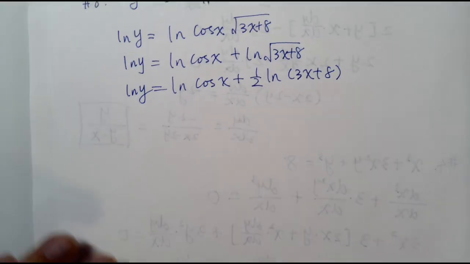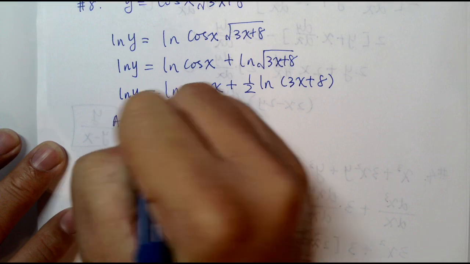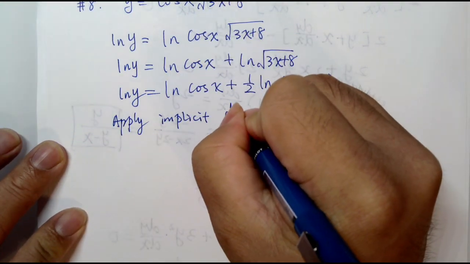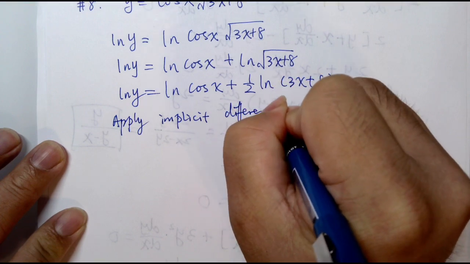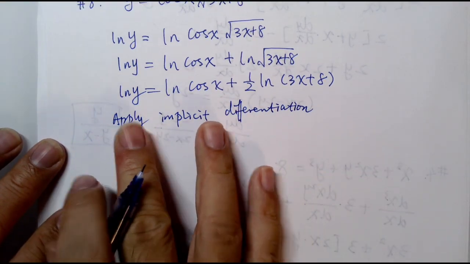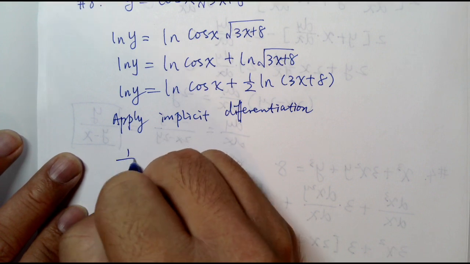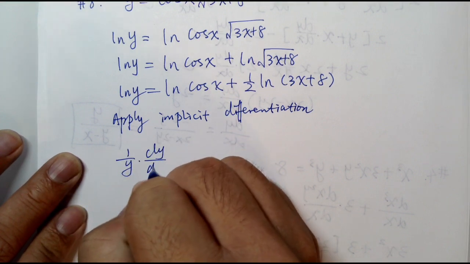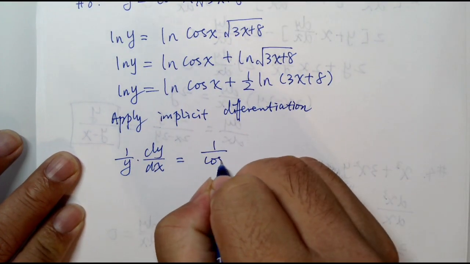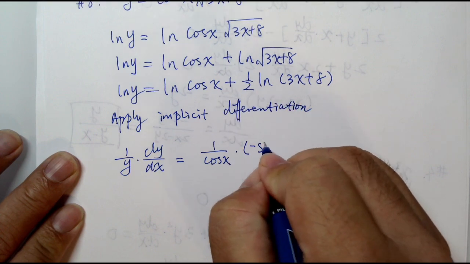Okay. And now we're going to apply implicit differentiation. Okay, so in other words, take the derivative with respect to x on both sides. So on the left-hand side, you're going to have 1 over y times dy/dx. On the right-hand side, you're going to have 1 over cosine x times the derivative of cosine x, which gives you negative sine x.